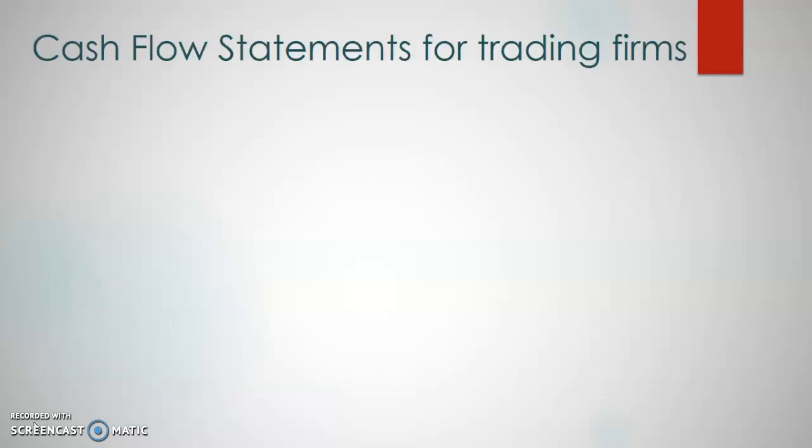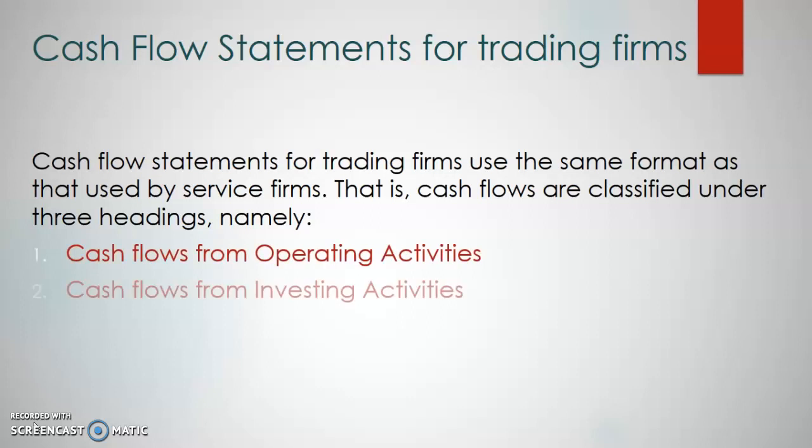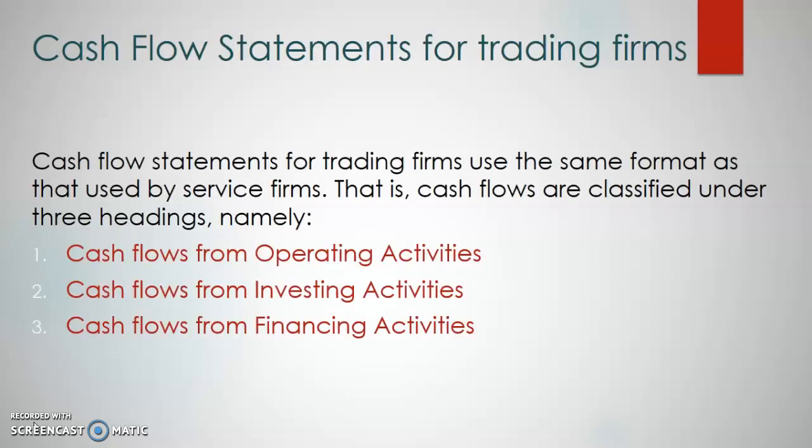Now, cash flow statements for trading firms, again, if you remember from last semester, we classify the headings as operating activities, investing activities, and financing activities. It is the same format that we used last time. So remember, what do we mean by operating activities?